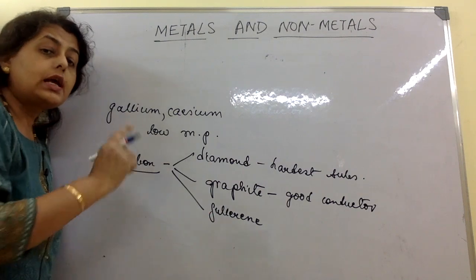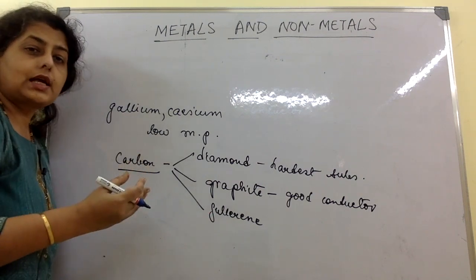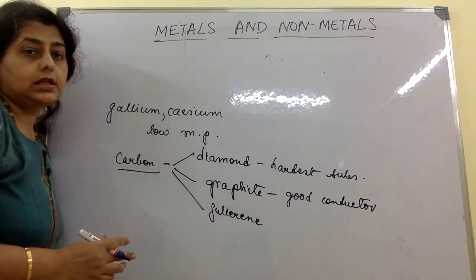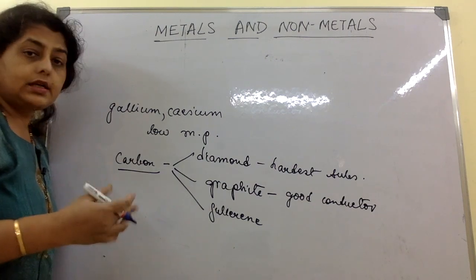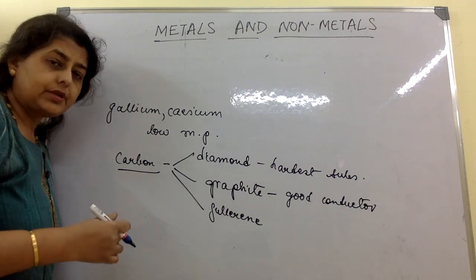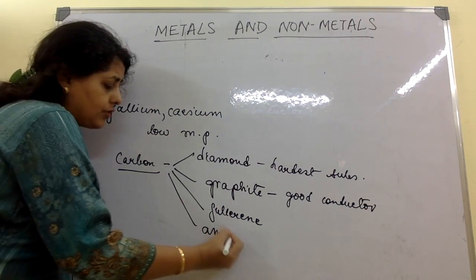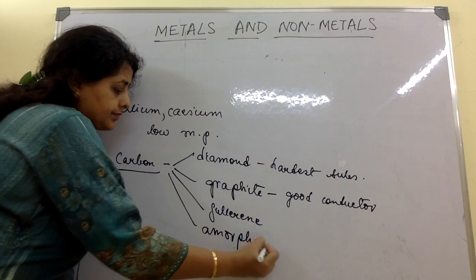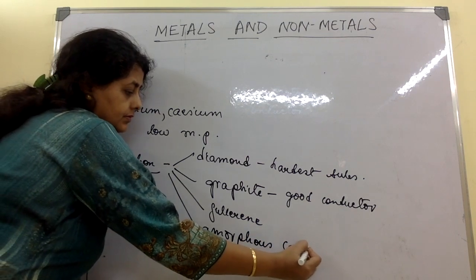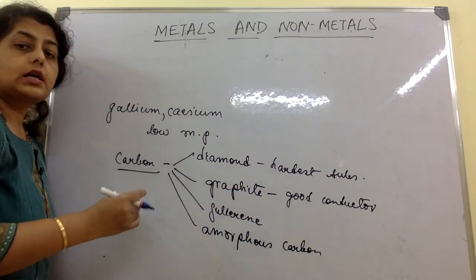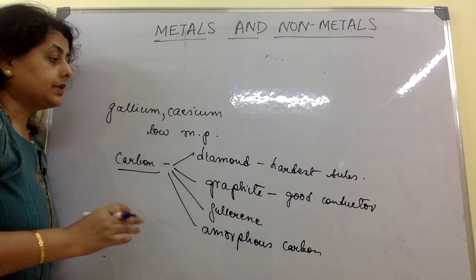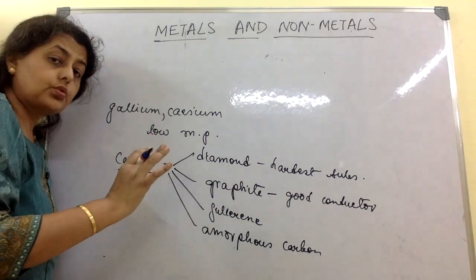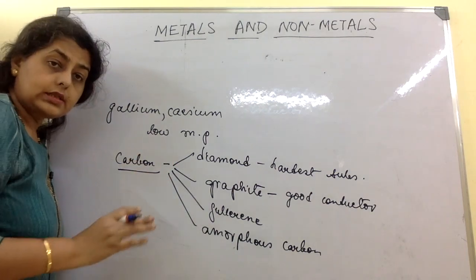This is an exception, and graphite is actually used as electrodes in many electrolytic processes. Then comes fullerene, and of course amorphous carbon is also there. So these are a few of the allotropes of carbon. Diamond is very hard, the hardest substance known. It is also used to cut glass.